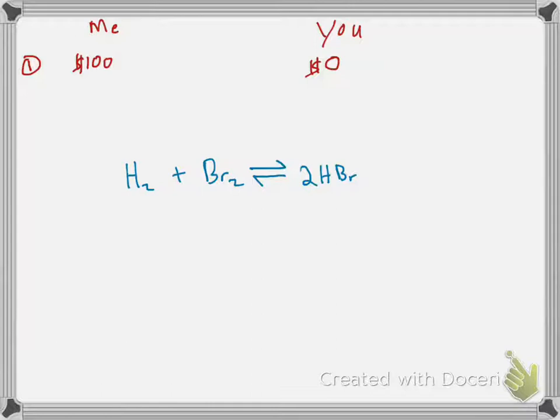And so I'm going to go ahead and give you an example here that will maybe help illustrate what that looks like. This little example is going to help us understand what equilibrium is. So imagine I have $100 and imagine you have $0.